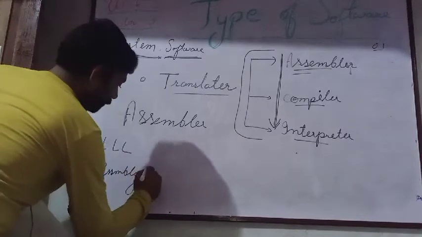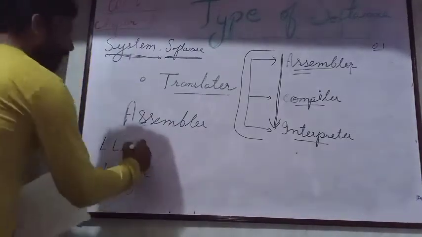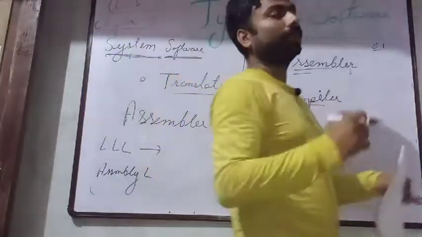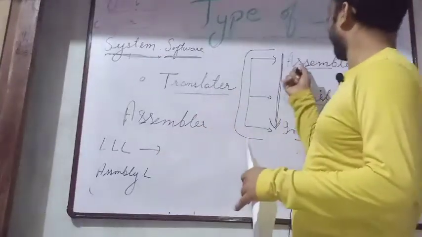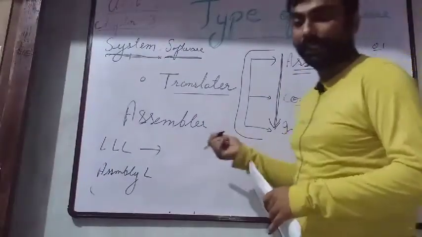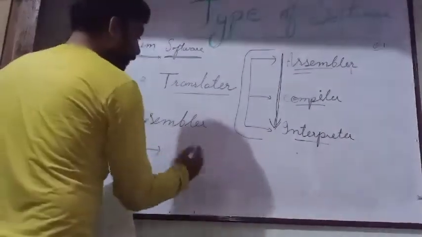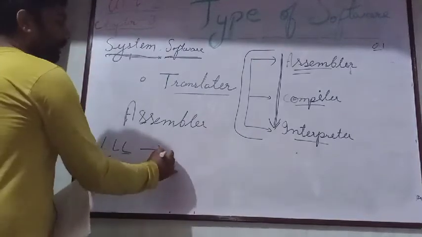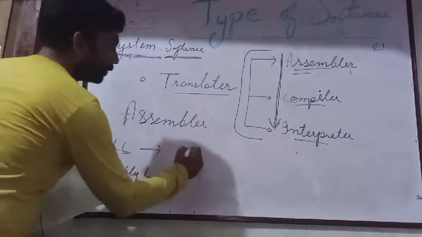We can write it as assembly language or low level language. It means that the code which was created to instruct the computer, or to instruct the assembler, was given to the processor to assemble, just to convert it into machine code.